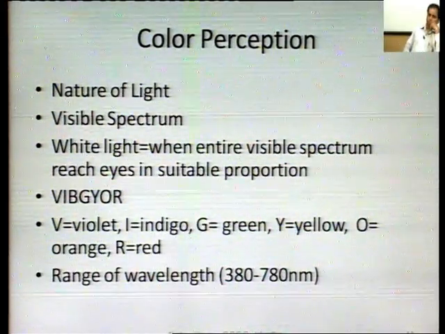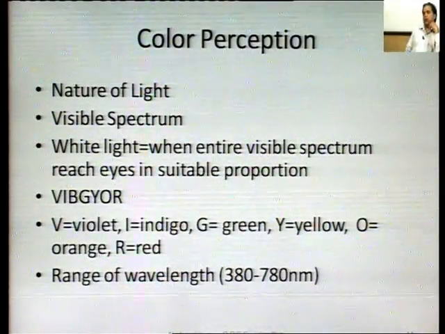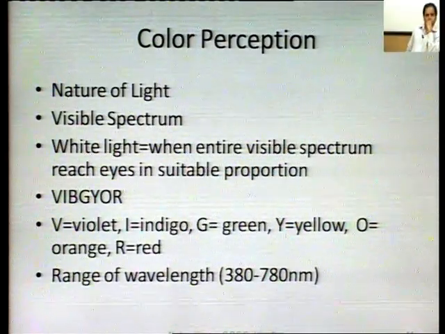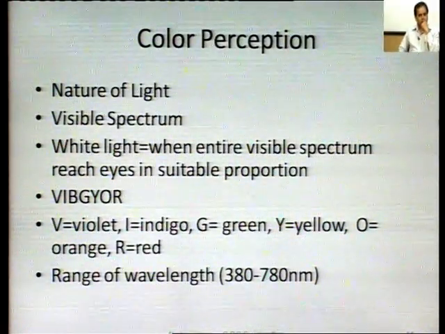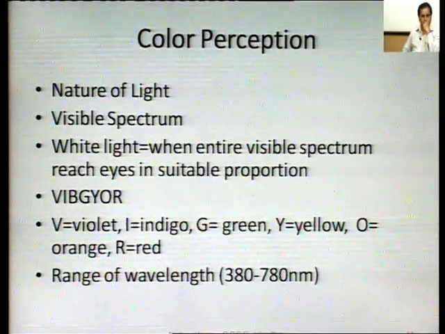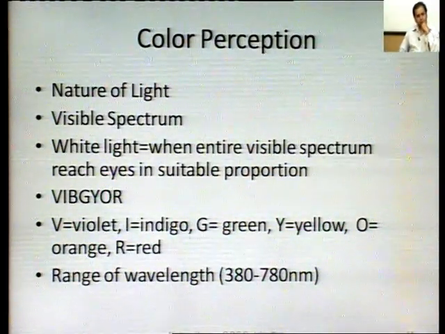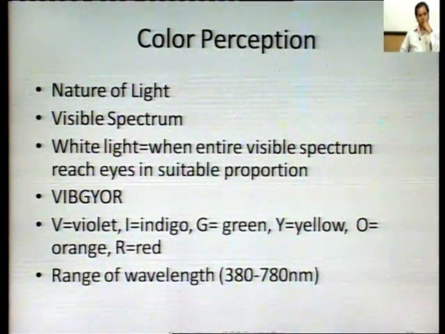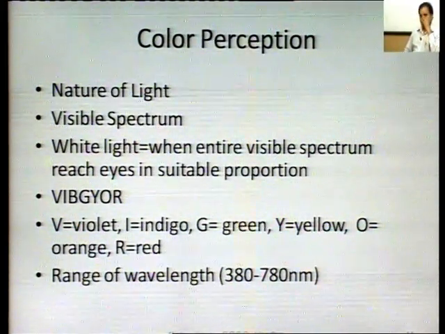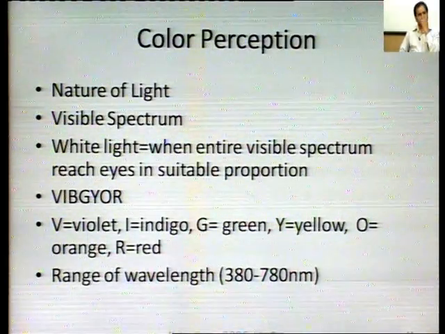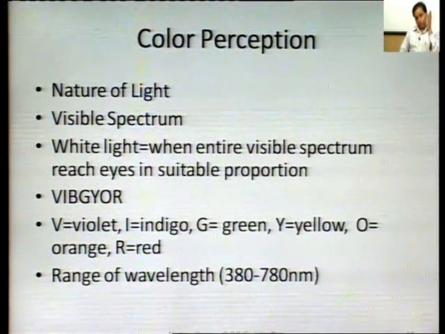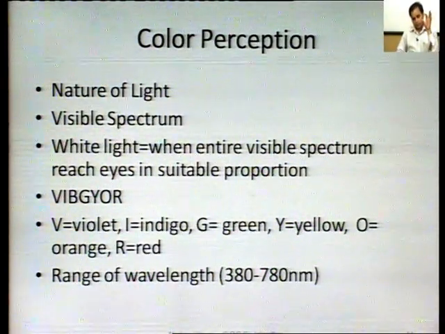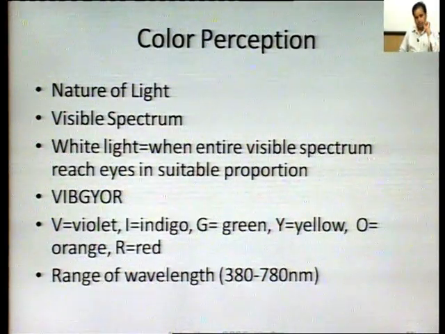Color perception: how the colors are perceived, how we see that this is a particular color. Nature of light, visible spectrum, white light. When the entire visible spectrum reaches the eyes in suitable proportion, it is called white. This white is not actually white, it is various proportions of those three primary colors. If mixed in the right proportion, that will lead to a white light.